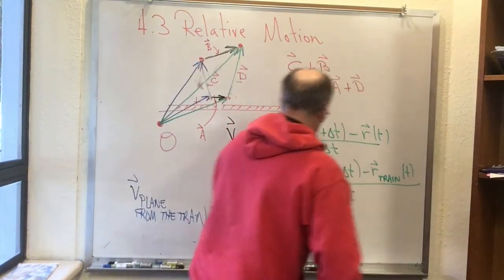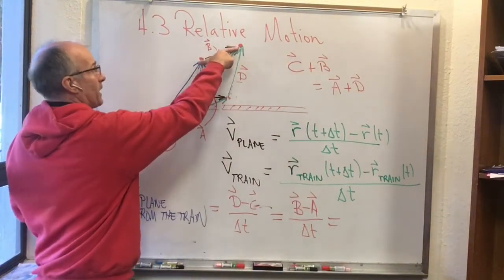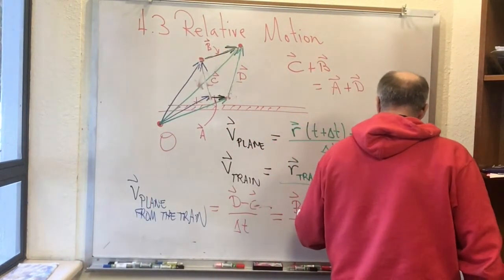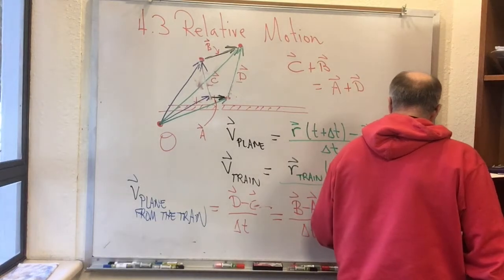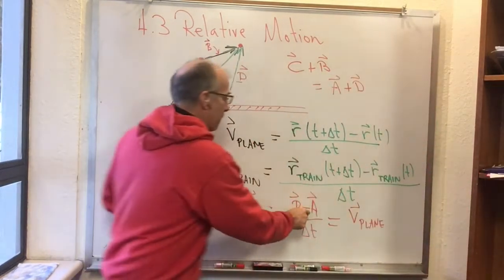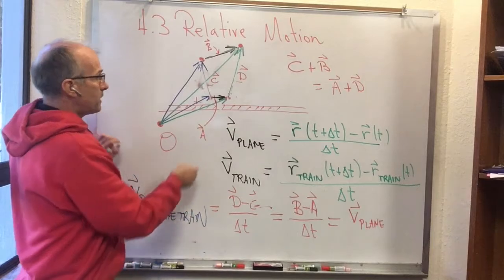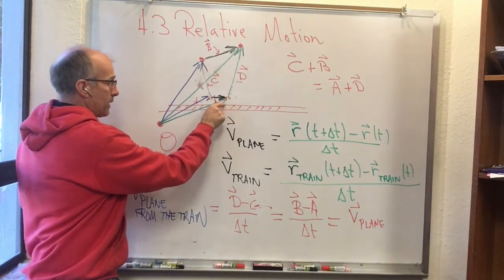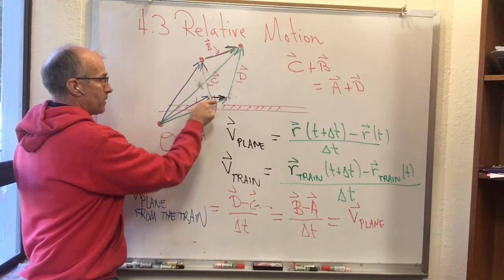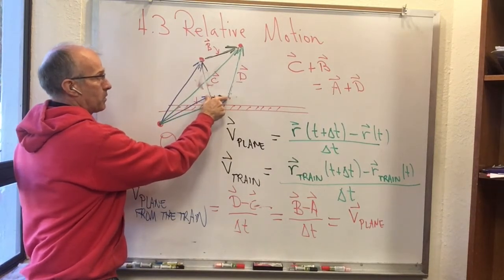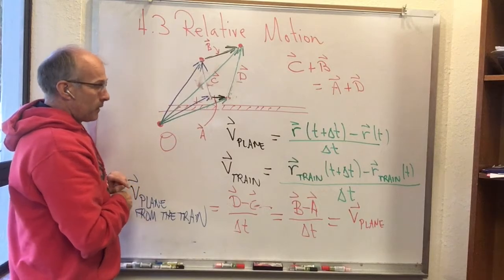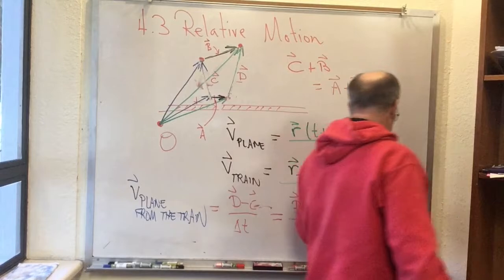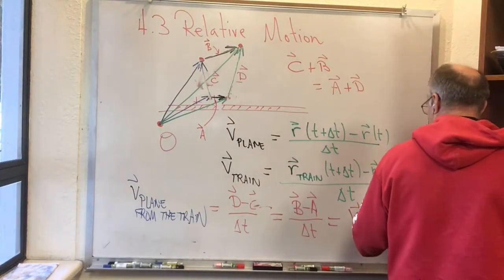But b over delta t, that's that displacement divided by delta t. That's the speed of the plane. And minus a over delta t, you see that's the a, and that's the delta t, and that time delta t is how long it took the train to move that far. That's the speed of the train. So, more accurately, the velocity of the train.